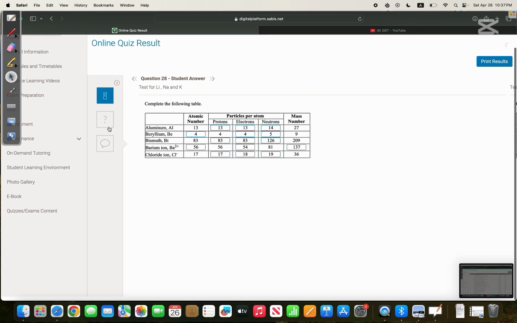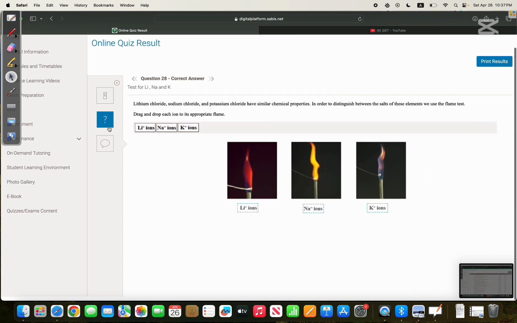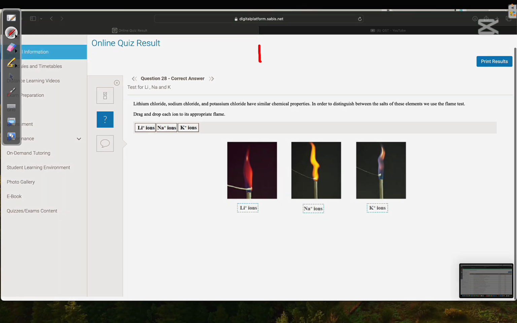28. Lithium chloride, sodium chloride, and potassium chloride have the same chemical properties. In order to distinguish, okay, so look, let me make a table. Lithium, sodium, potassium.